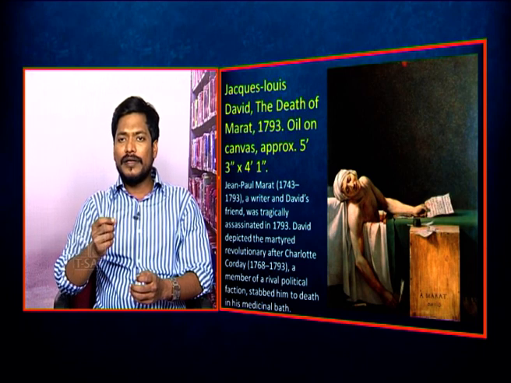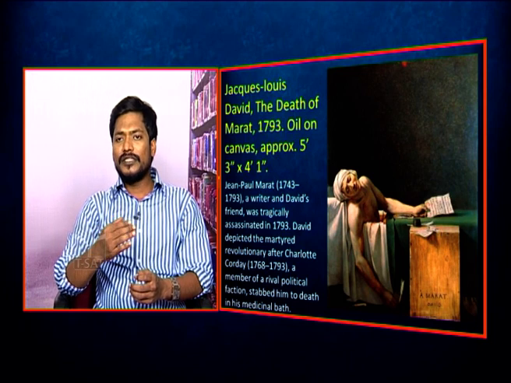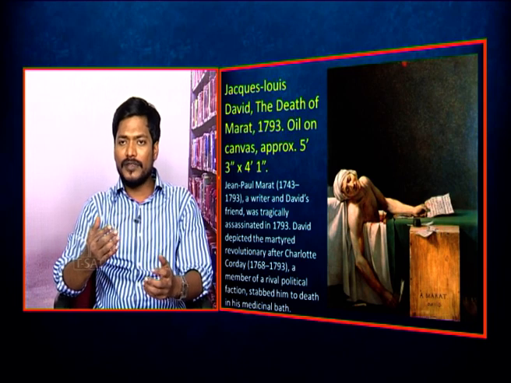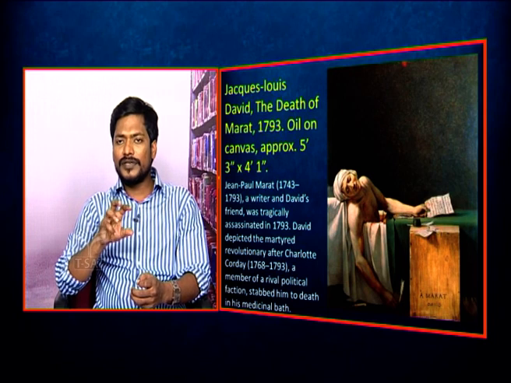It's a very simple composition but very effective, right? The top portion is almost blank, there is nothing, and all your focus is concentrated on the face and the body of Marat.